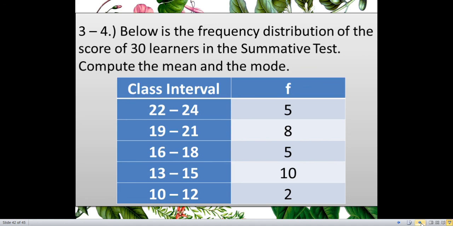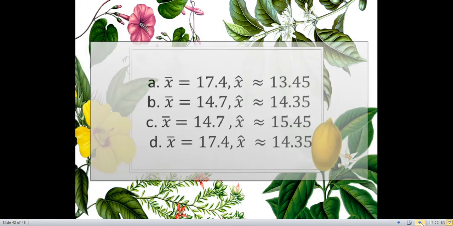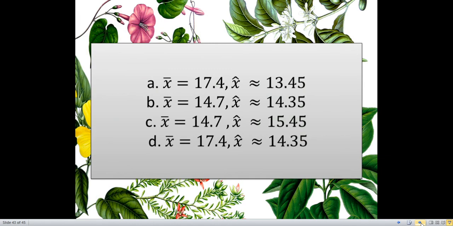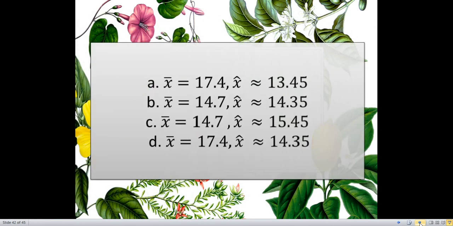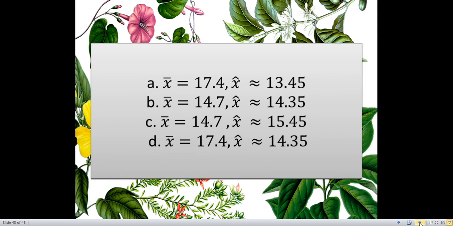Again, there is no sum for the f. You compute it on your own. And here are the choices if you already computed what is being asked. If you already computed the mean and the mode, you can check if your answer is in the choices. If not, maybe your answer is wrong.